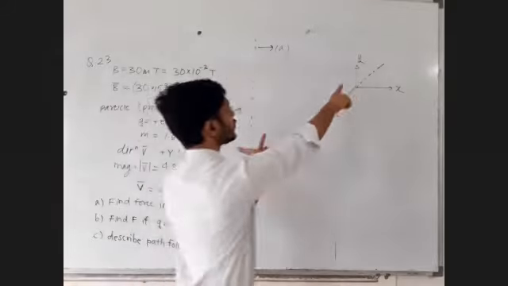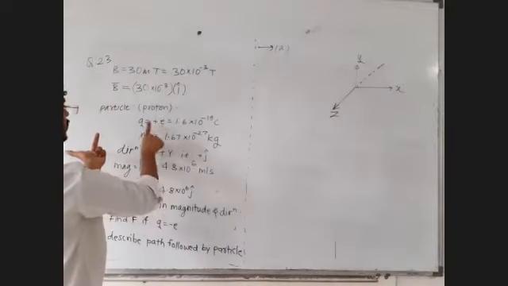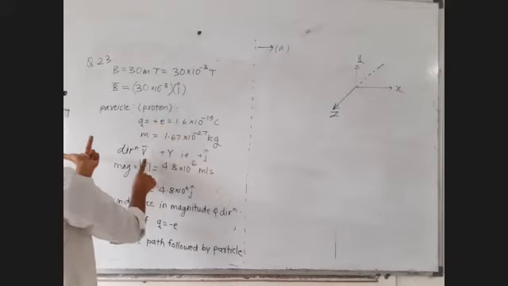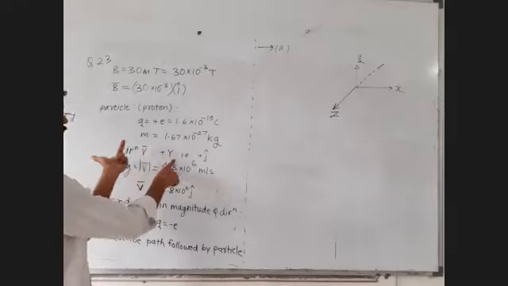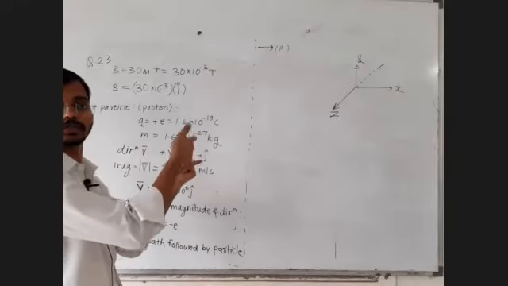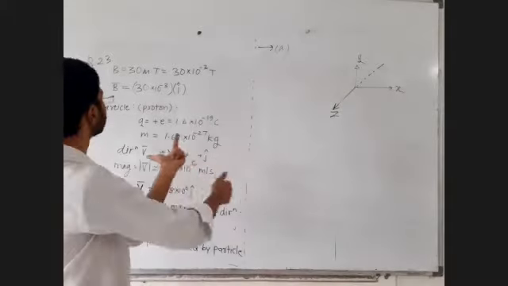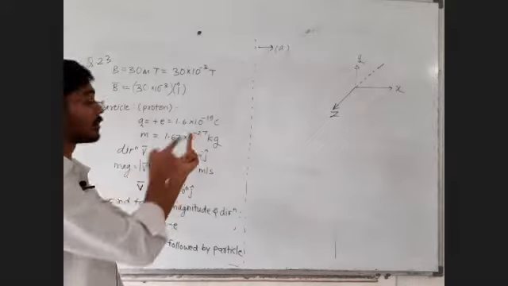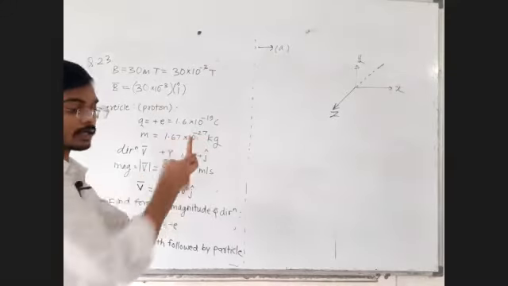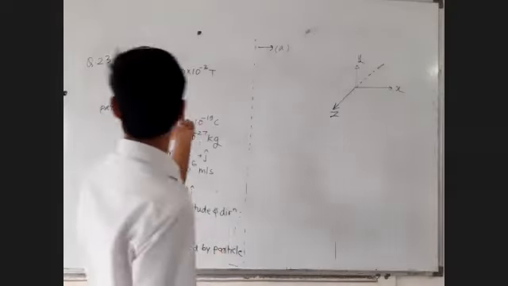So middle finger will point upward because particle is positively charged. If the particle is positively charged, then current is in the direction of velocity. Current means middle finger. So now middle finger will point upward. Now maintaining the upward direction of the current, you have to show the direction of magnetic field.